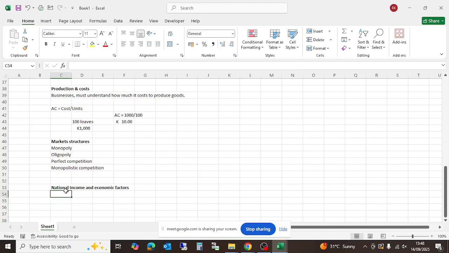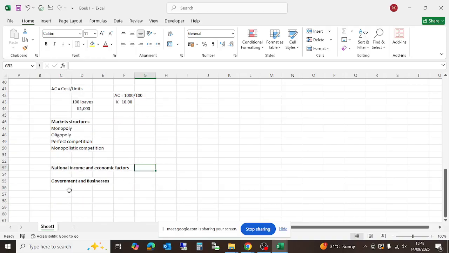And then after looking at the national income and economic factors, we'll put into consideration the government and businesses. Do you know that the government itself actually affects business economics very much? So the government influences business through things like taxes. You are paying VAT, pay as you earn, income tax every single time.